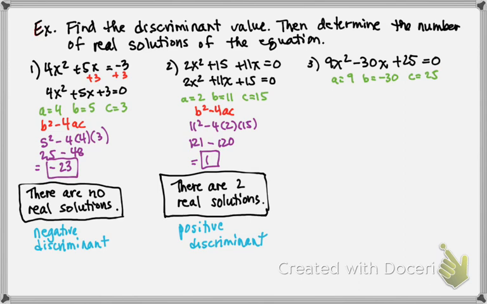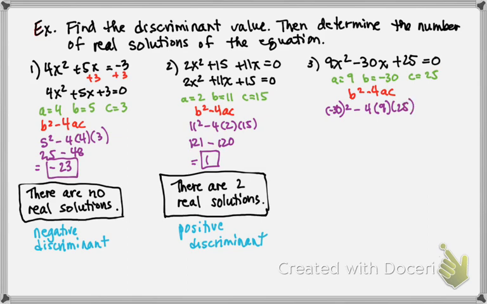So we substitute into the radicand of the quadratic formula, b squared minus 4ac. Going too fast. It's negative 30 squared minus 4 times 9 times 25.